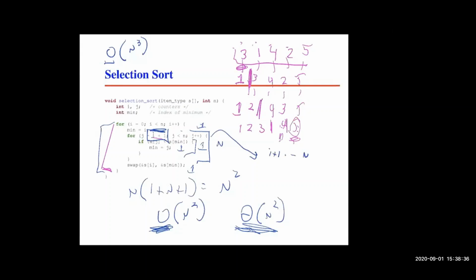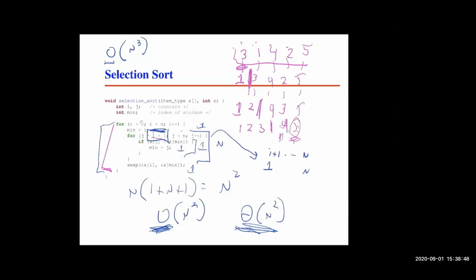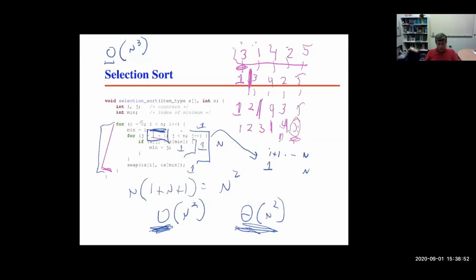Yeah. Now, when I was looking at an upper bound of it, I said that it was going to go around from 1 to n, because certainly i gets as small as 0, right? So that's why I have it as an upper bound. But you're right in saying this inner loop does not always go around n times.